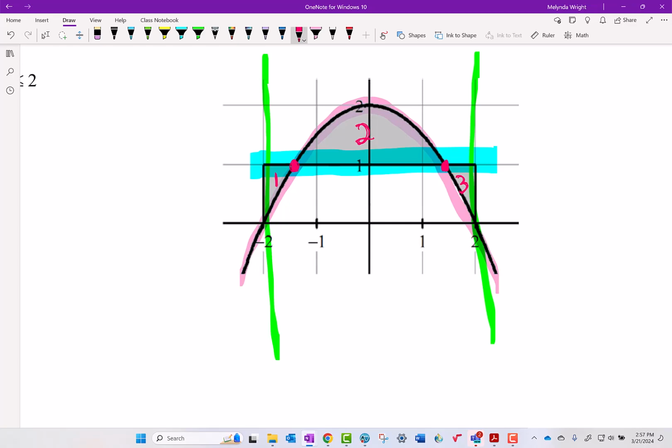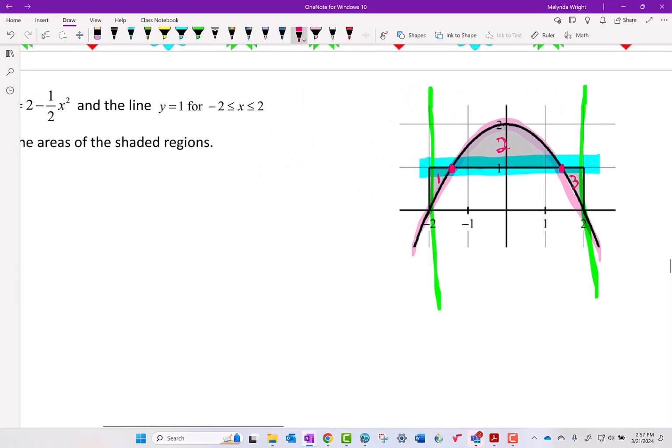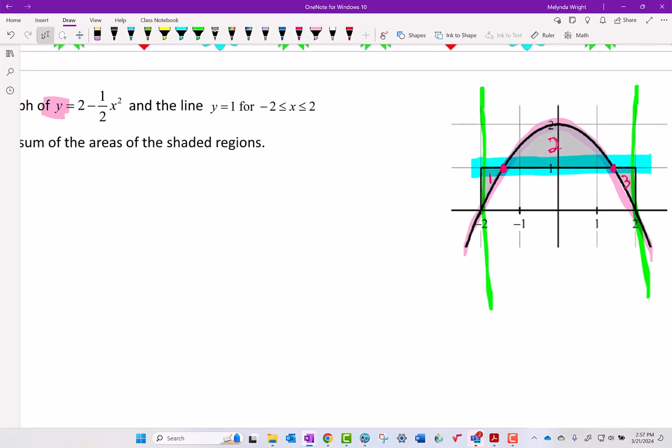Now, before we can do that, we need to figure out what these intersecting points are. We want to know where y equals 1 intersects with 2 minus 1/2 x squared. So let's do that. We've got 2 minus 1/2 x squared equals 1. Because I like positives, I would move this -1/2 x squared to the right so it's positive, and I would move the 1 over.